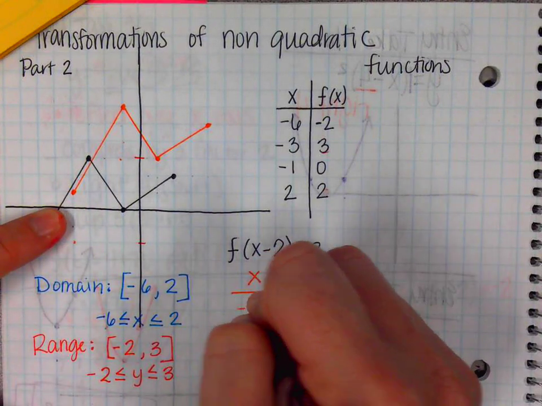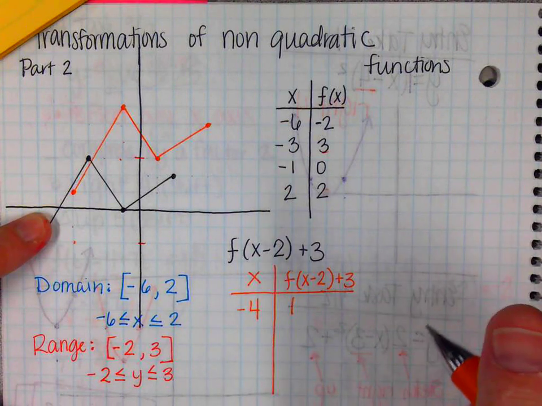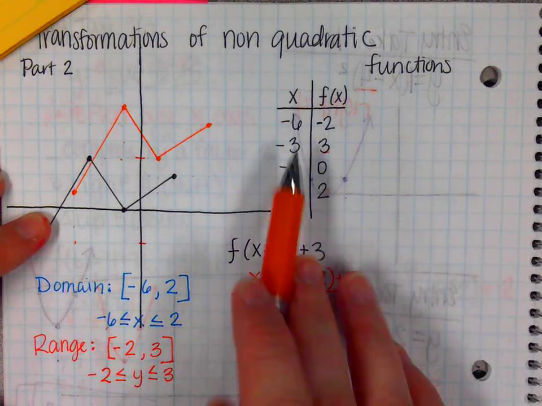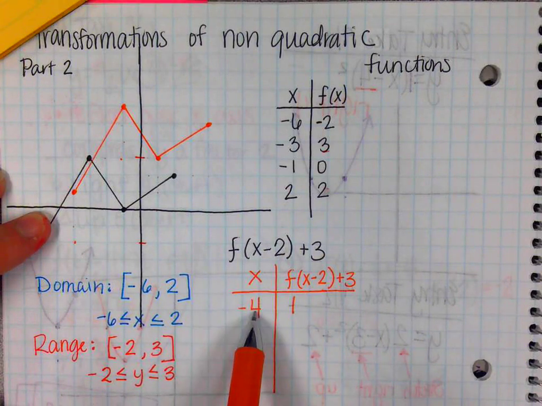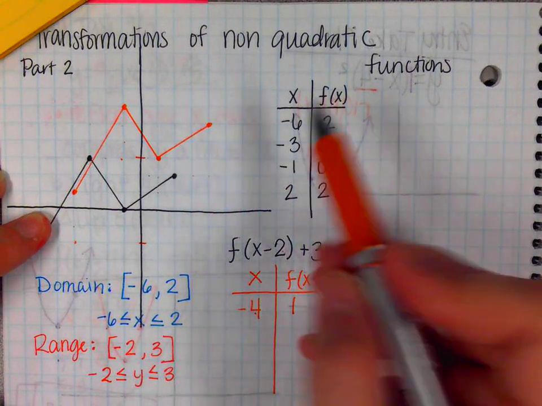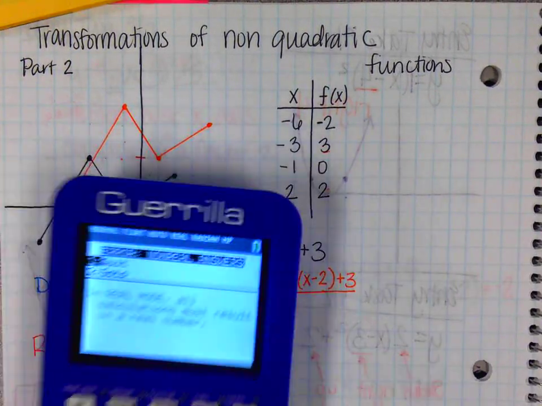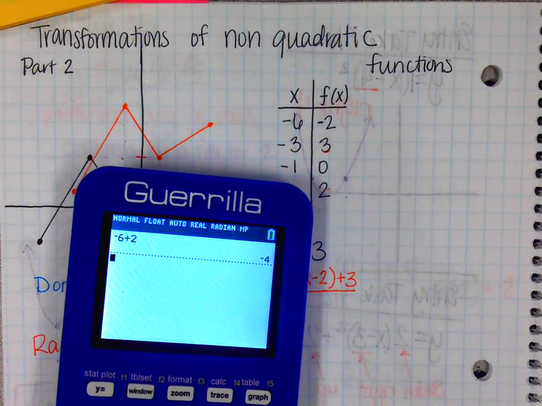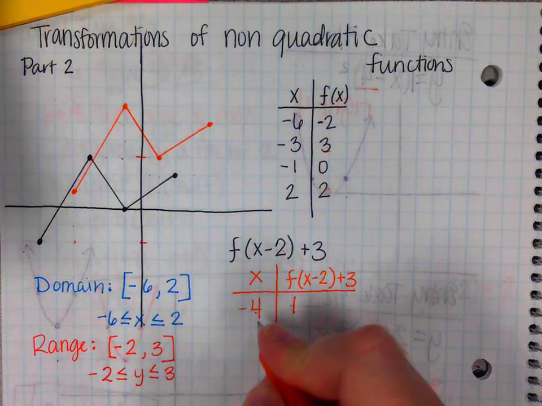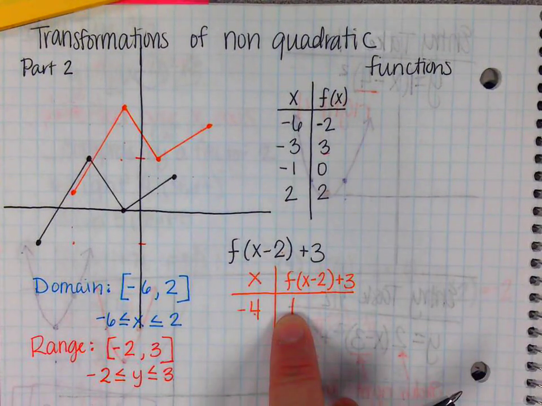So -4 and up 1. Remember this is inside of the parentheses, so it changes the x value, and we have to do the opposite. So it's actually -6 plus 2, which is negative 4, and then negative 2 plus 3 gives you 1.